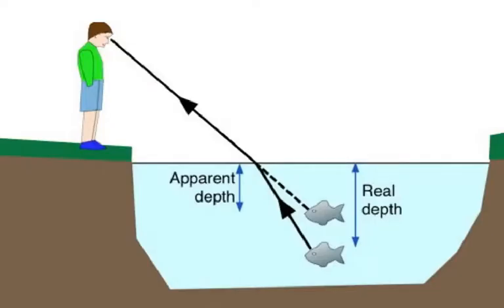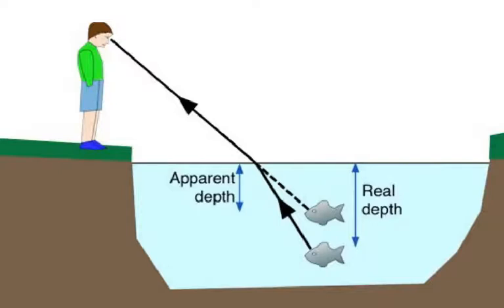In this picture, you see the fish in the water is seen by an observer. The effect caused by the refraction at the surface of the water makes the apparent depth, not the real depth, closer to the surface of the water than the real distance would be.